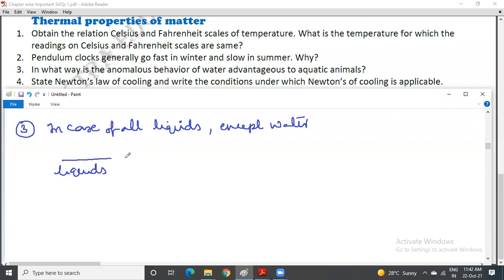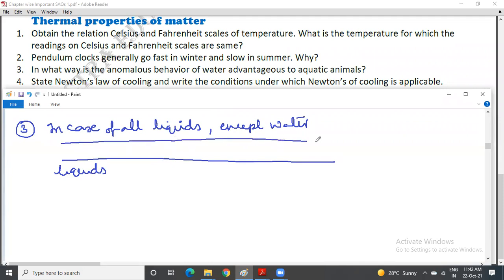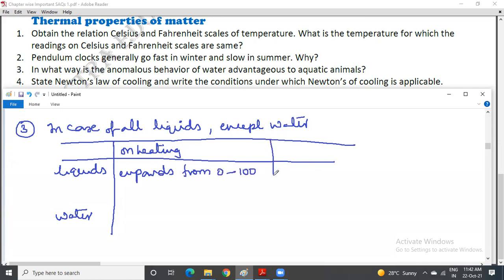So you make a table here, water next. I'm taking the first column on heating: liquids expand from 0 to 100. On cooling: contracts from 100 to 0.